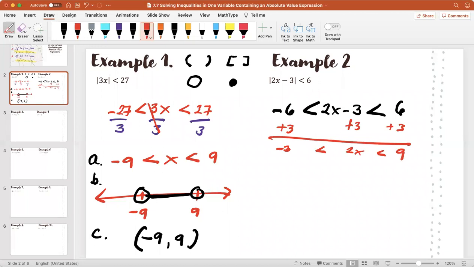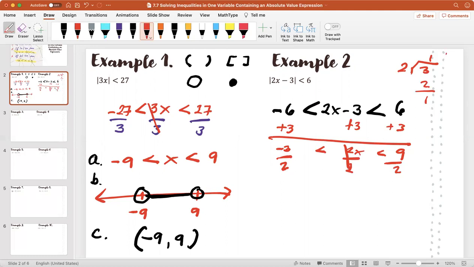Dividing all parts by 2, so we can isolate x in the middle. This is now 2, 2. You cancel this. What's negative 3 over 2? 3 divided by 2 is 1. 1 times 2 is 2.